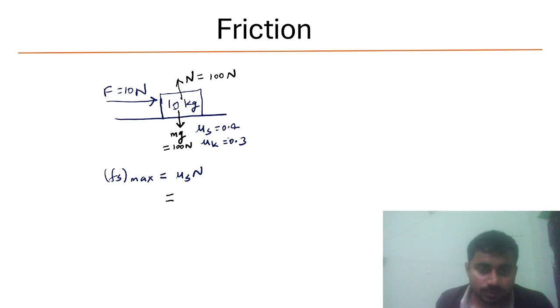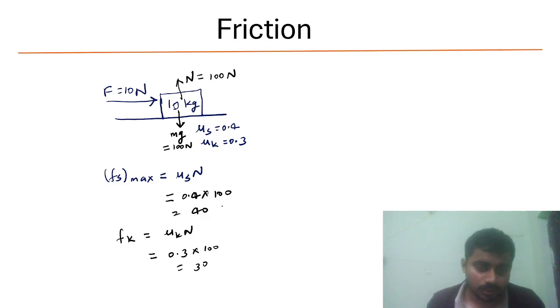So here we will take mu as static friction value 0.4 into 100. This is 40, and kinetic friction value will be mu k into N, which is 0.3 into 100, that is equal to 30.